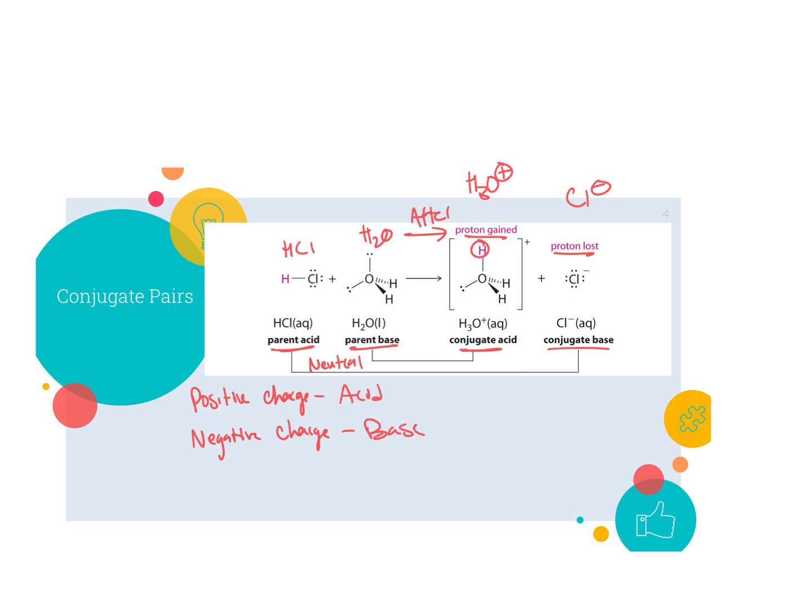So if you start with a neutral parent acid and parent base, the conjugate acid should have a positive charge and the conjugate base a negative charge. That's just a helpful way of remembering it in case you can't figure out which one is which.